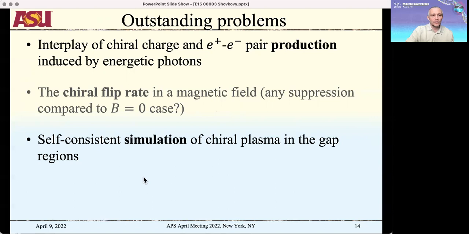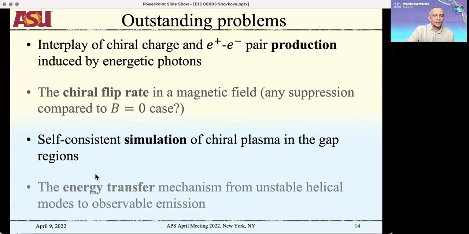One, of course, requires to perform self-consistent simulation of chiral plasma in the gap regions, as the plasma dynamics is rather complicated to rely purely on those quantitative effects. Now, it also has to be studied how the energy is transferred from the unstable helical modes to the observed emission that is seen as, for example, fast radio bursts.